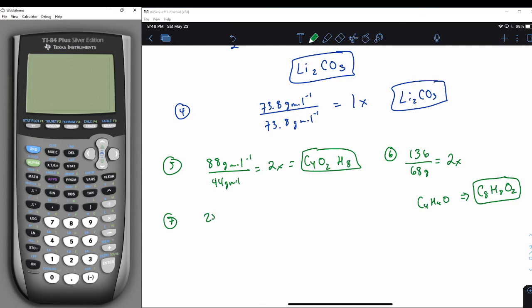Seven, same idea, 254.7 grams per mole over 126.92 grams is the molar mass. So you get 2 times. So your molecular formula is C2F2Br2O2.